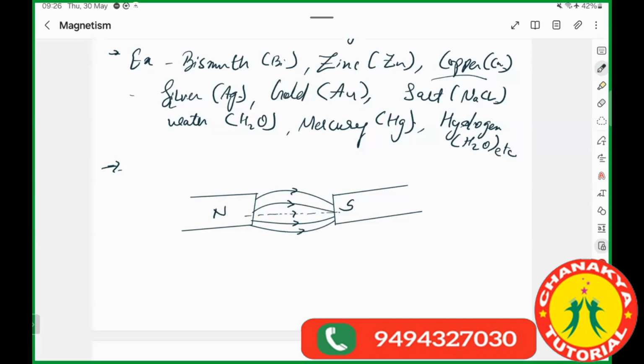But for a diamagnetic substance, what will happen? When a bar of diamagnetic substance is freely suspended, this axis, if you observe it properly, let me change the color.